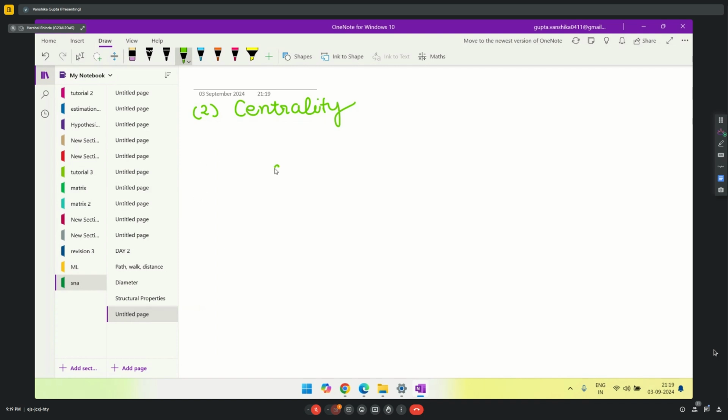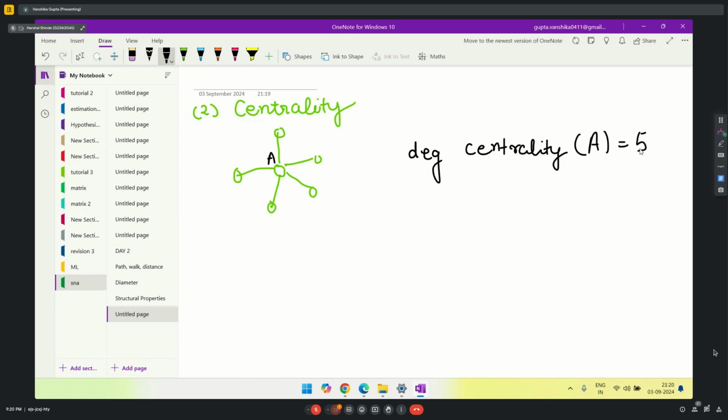Centrality is basically, if I have a node here, how many nodes are connected to me? This is what centrality is. So this is my node A. If I want to find out the degree centrality of A, it will be nothing but the number of nodes connected to A. So there are 1, 2, 3, 4, 5. My degree centrality for A will be 5.